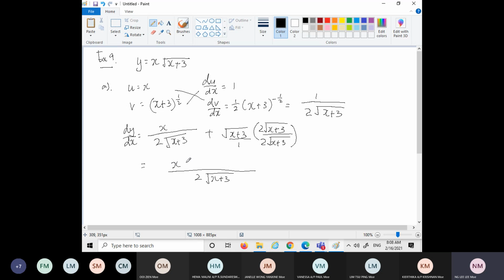First term is x. Second term is this times this, so I have a 2. Then remember the square root of a times the square root of a is a, so x plus 3.